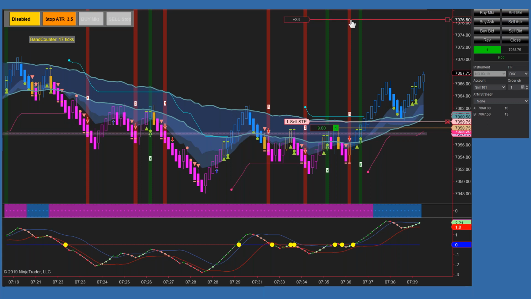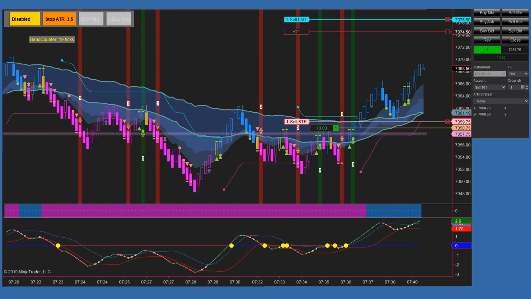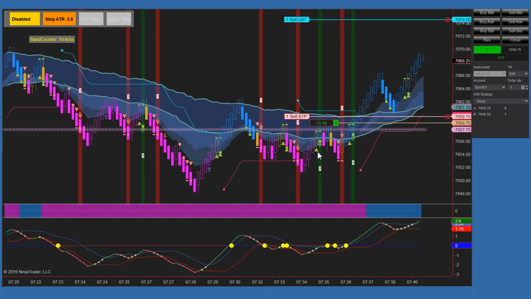Actually, I think I might adjust my profit target a little bit. 70-75 is going to be an influential number. So I think we'll try to get out just a few ticks before that.